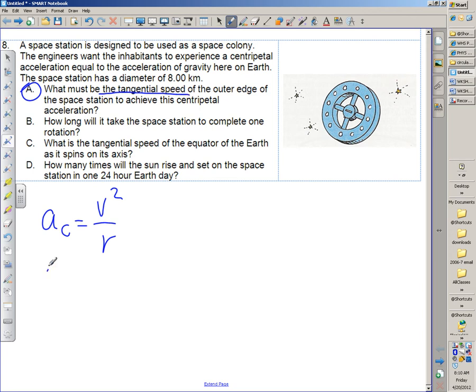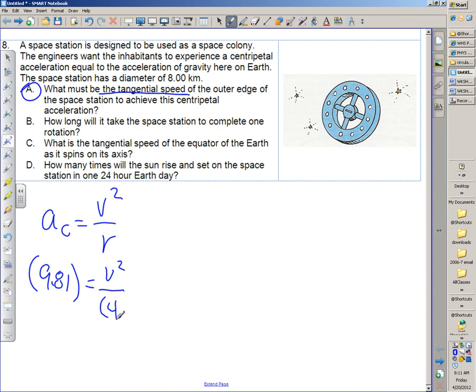This is going to be 9.81, because we want that centripetal acceleration to be equal to the acceleration of gravity. We're solving for the tangential speed, and it told us something about the space station. It told us that the space station has a diameter of 8 kilometers, but we don't need that in this problem, right? What do we need? Radius. However, 9.81 is in which unit?